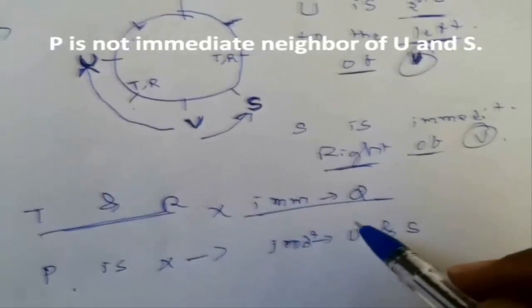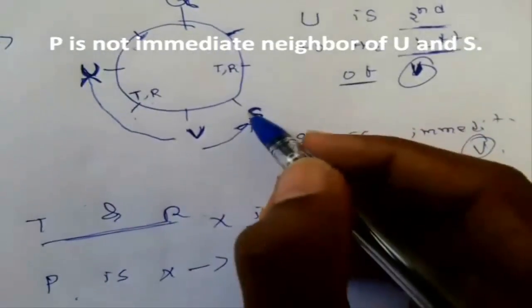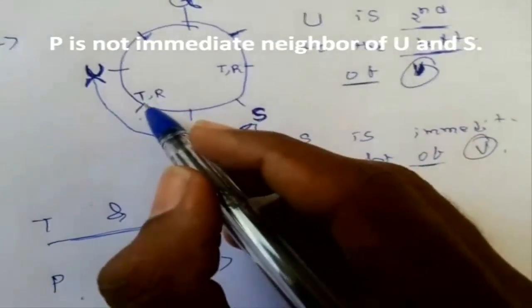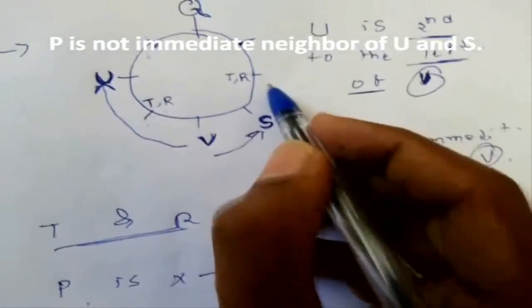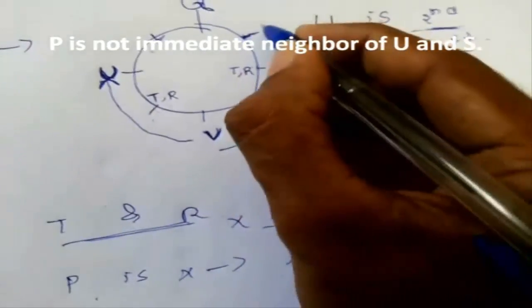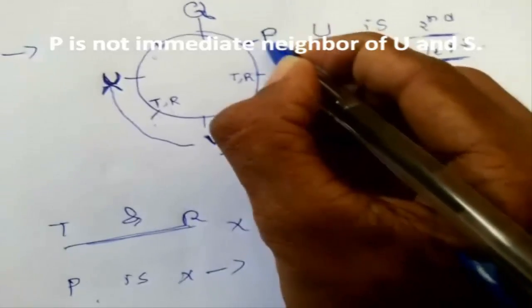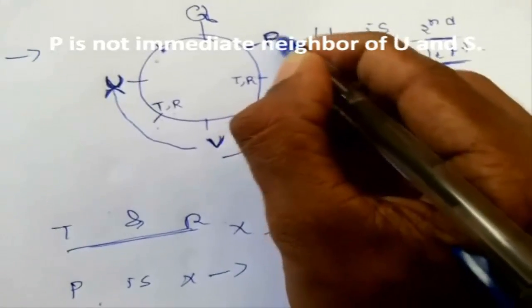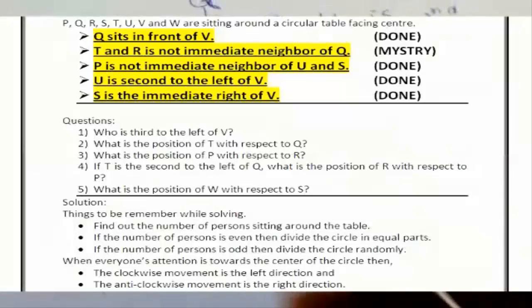And it is also not an immediate neighbor of S. So the immediate neighbor of S is this, so P will not come here, here and here, so the only remaining place is this one. So P will come here. So all of the conditions are followed, but still the second condition is a mystery.